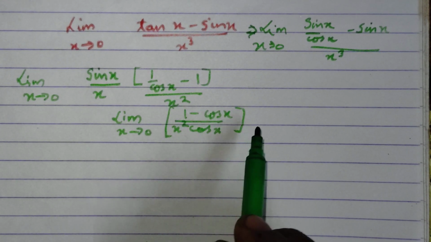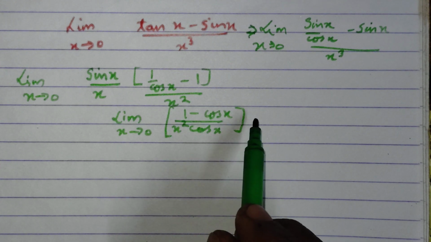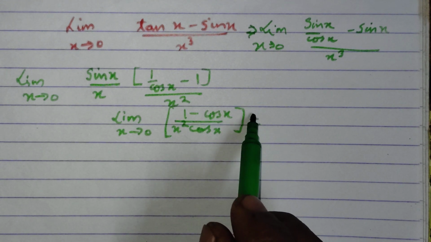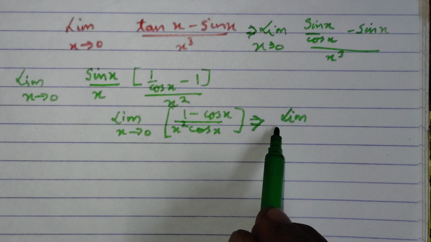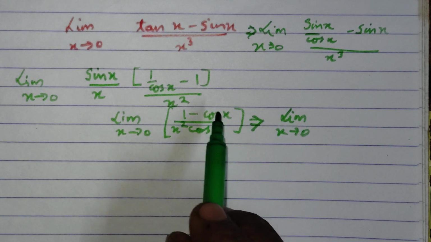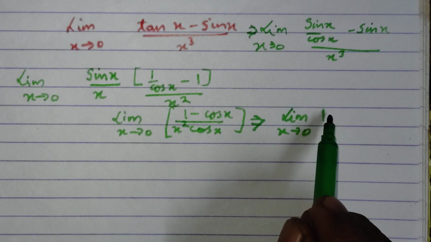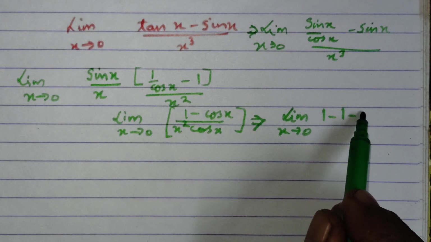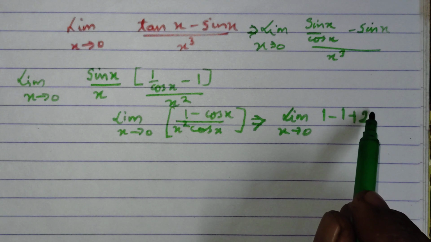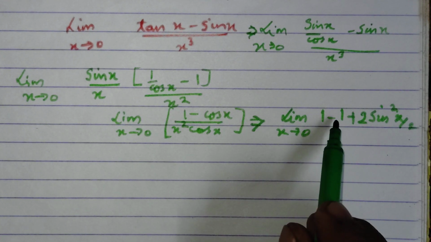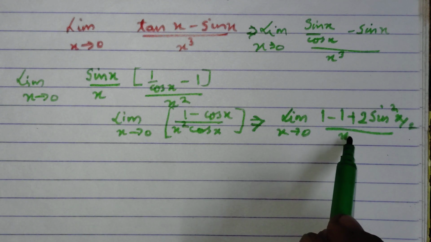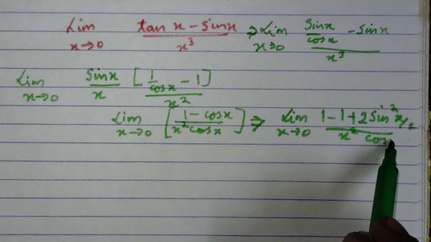So (1 minus cos x) upon x square cos x, this type of problem we have solved earlier. So 1 minus cos x can further be written using the cos 2x formula, 1 minus (1 minus 2 sin square x by 2), so it becomes plus 2 sin square x by 2 over x square cos x.